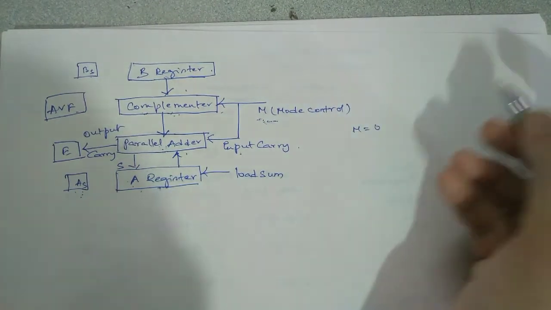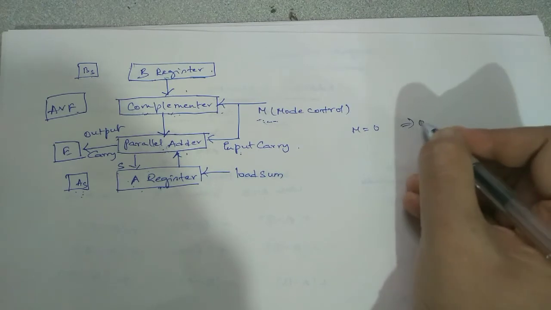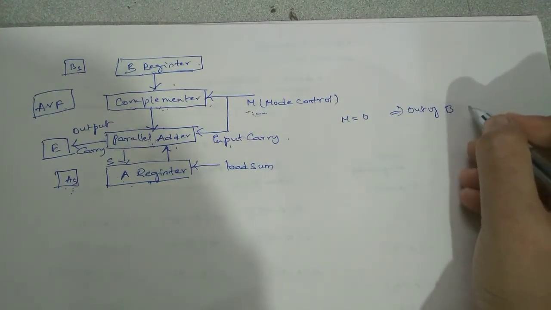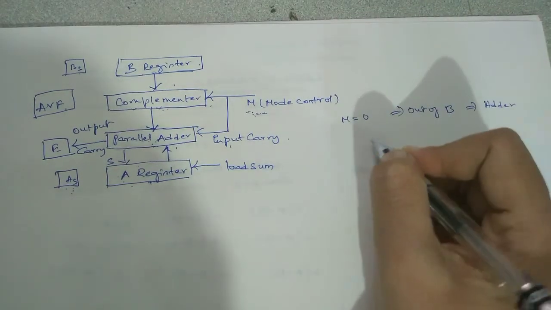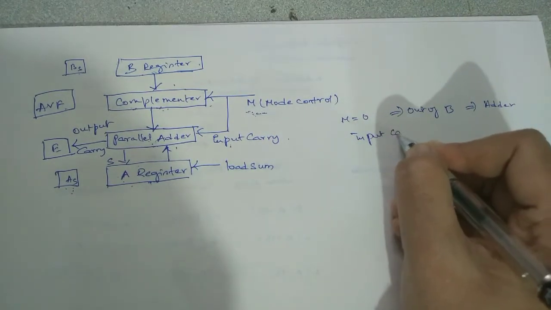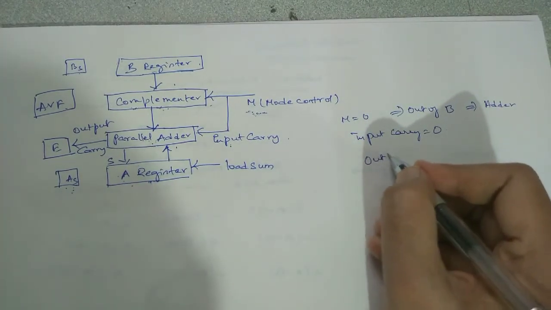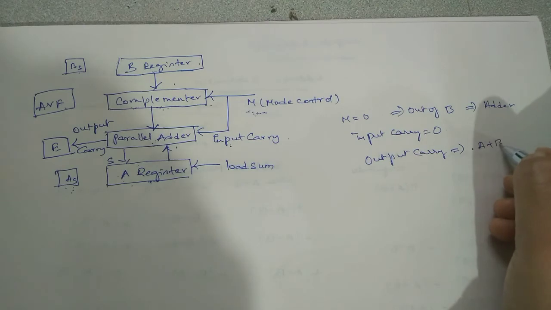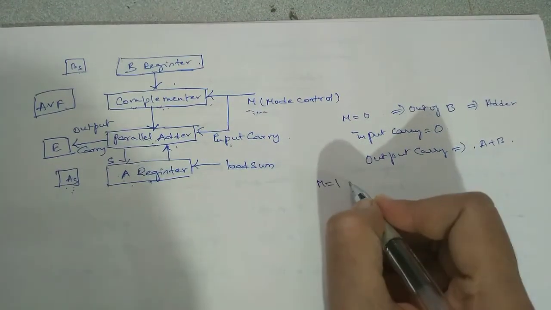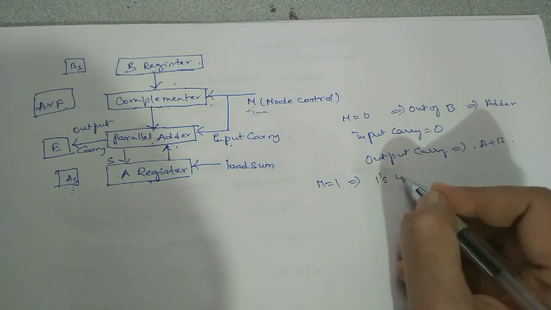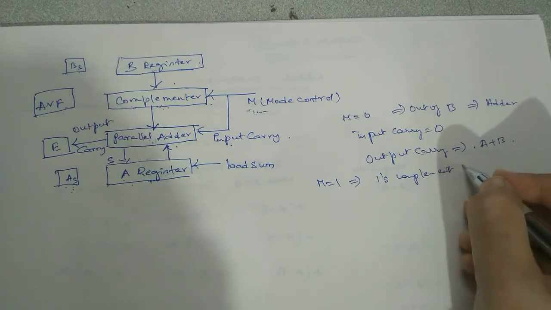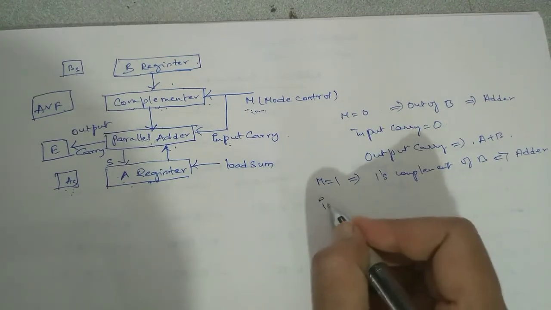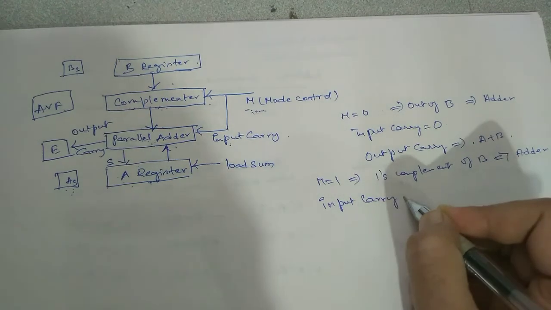When M is equal to 0, B is transferred to the adder, the input carry is 0, and the output of the adder is equal to A plus B. And when M is equal to 1, the ones complement of B is applied to the adder, so the input carry is equal to 1.